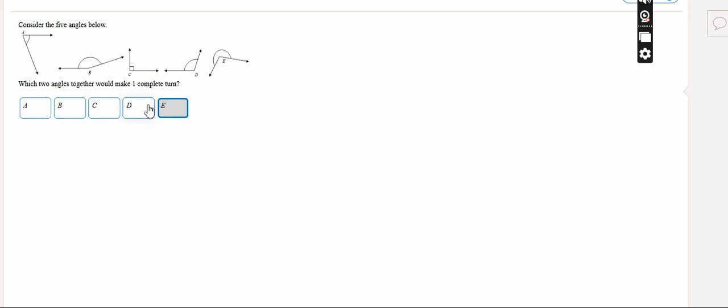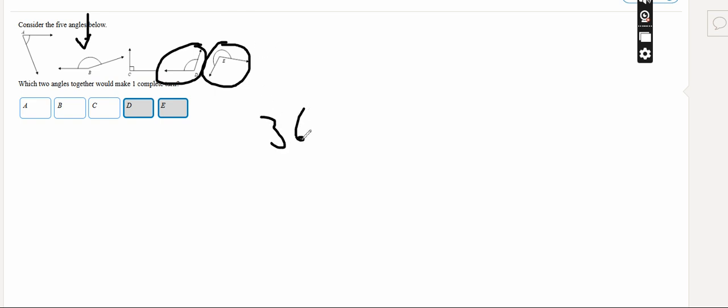So it's going to be, let's say, D. This one is smaller and this one is larger than 180. This is still larger than 90 but smaller than your biggest angles, like B. So it will be approximately around 360. It will make one complete turn.